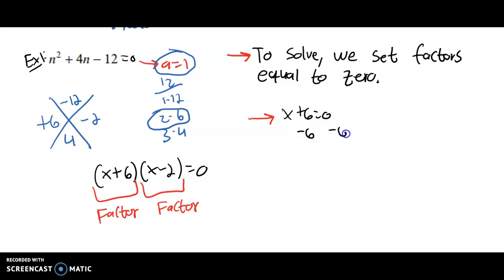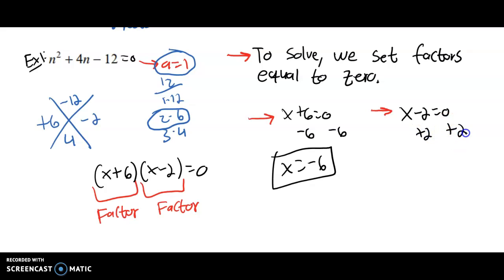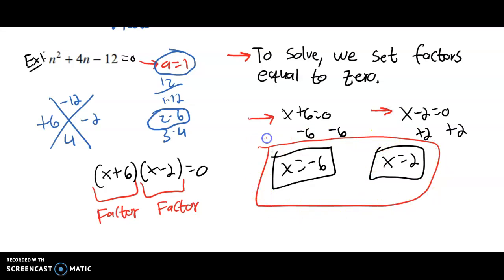Take away the 6, take away the 6. X is negative 6. Then I have x minus 2 is equal to 0. Add the 2. And we get x equals 2. So these two are the solutions, negative 6 and 2. Feel free to pause whenever you need.